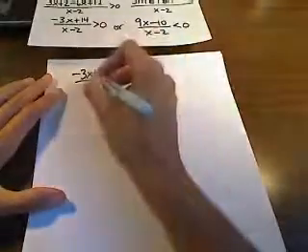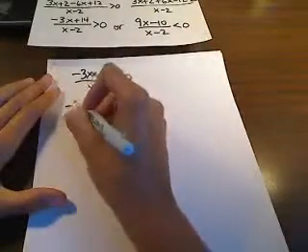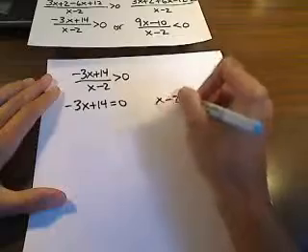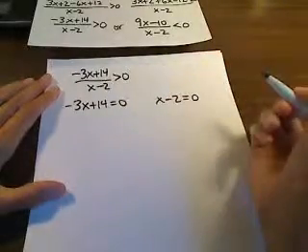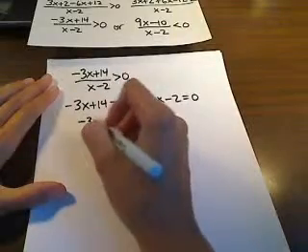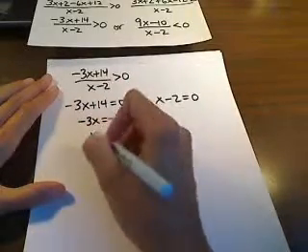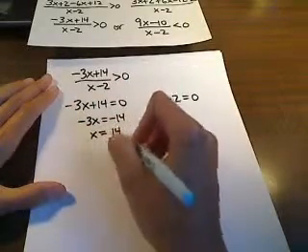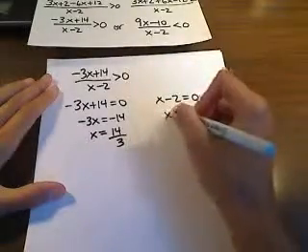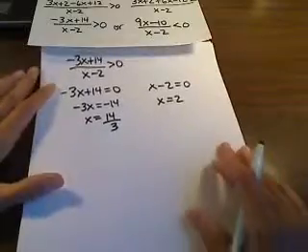Okay, so I'm going to take both of these and set them equal to 0 so that I can find, I call it the partition numbers. Those are just the numbers that we're going to break up our number line with to solve this. So subtract 14 here and divide by -3. It's going to give me x is a positive 14/3, and then over here x is equal to 2.